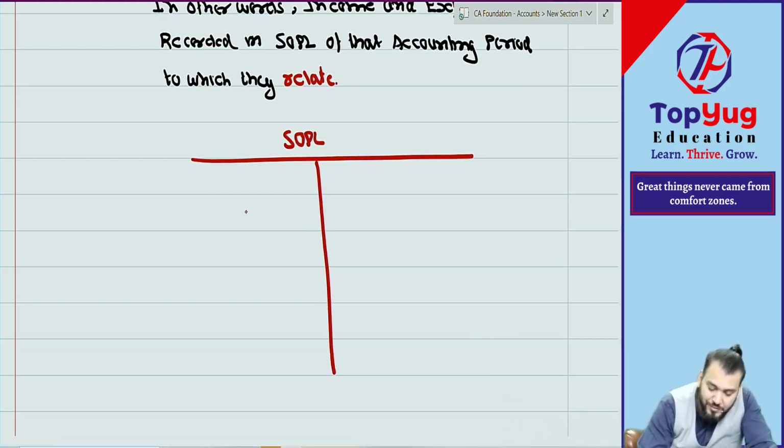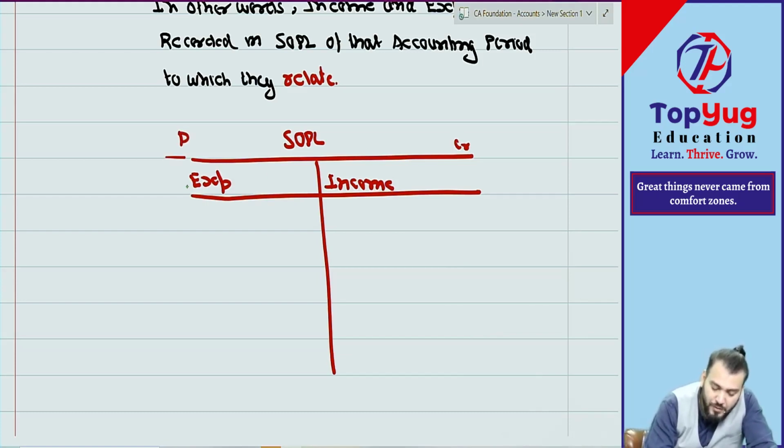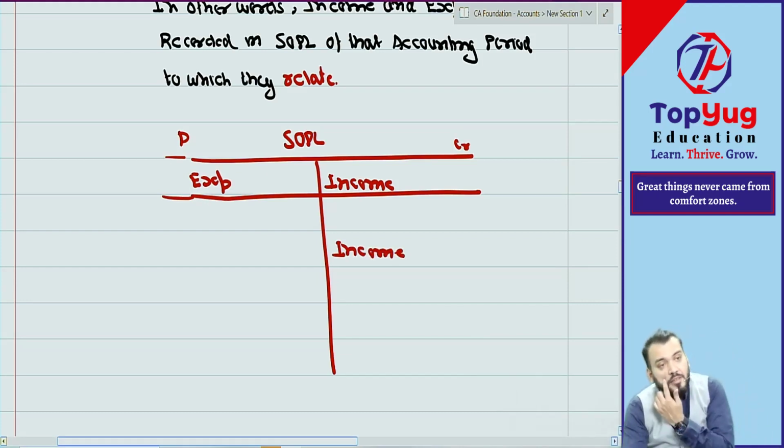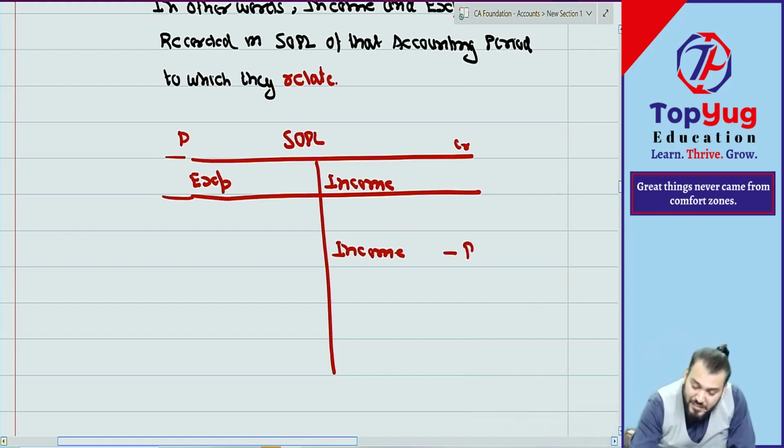Means when I am saying statement of PL, you all know that income will be credited and expense will be debited. So we write down all income here. This is the first aspect: whether received or receivable.